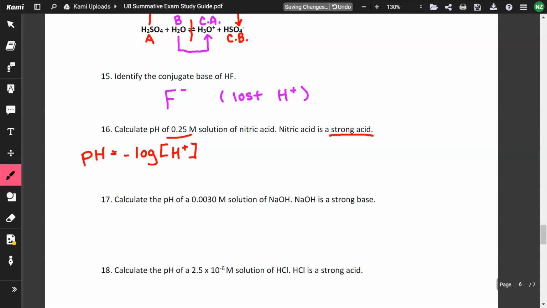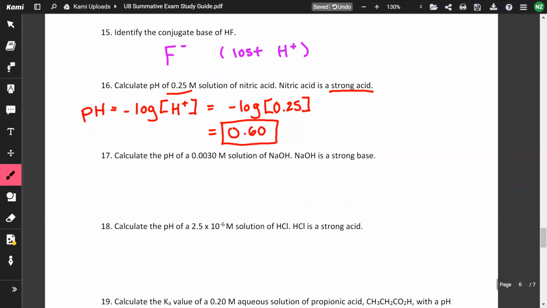So we can just plug in our molarity. So negative log, because it completely dissociates, 0.25. And when we do that on our calculator, you get 0.60. Done.